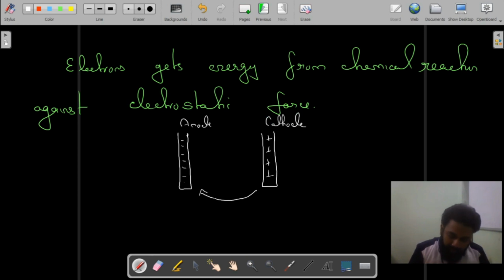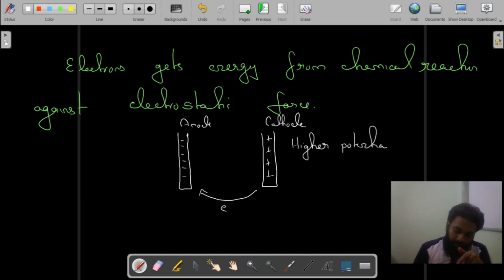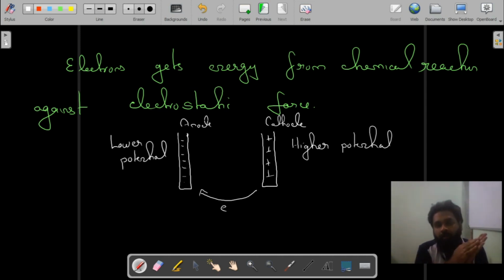Inside the battery, the cathode is at a higher potential and the anode is at a lower potential. Current flows from higher potential to lower potential.